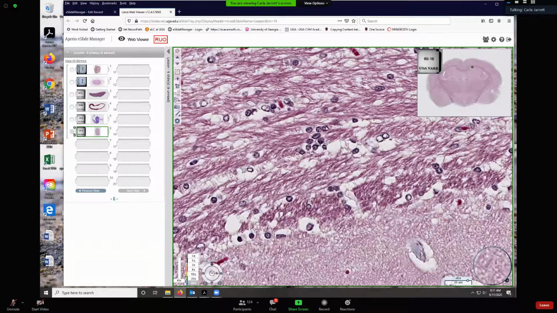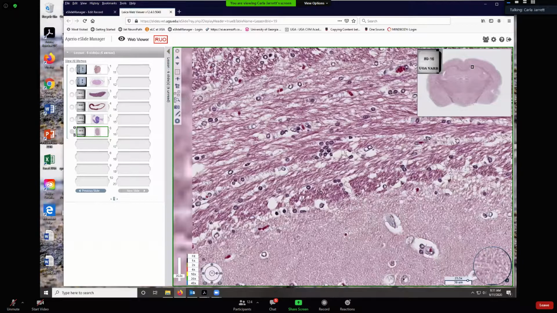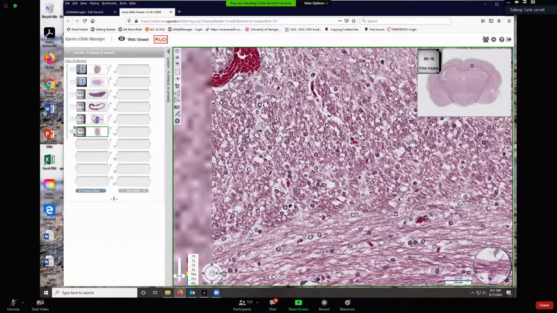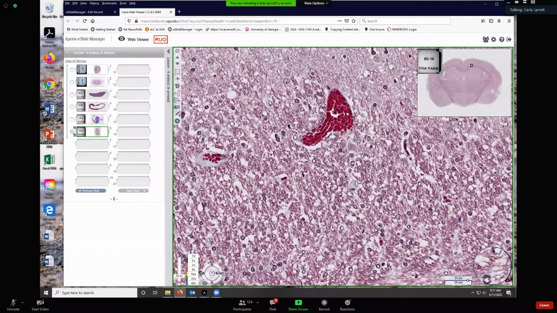But here you can see some well-preserved oligodendrocyte nuclei. And this is white matter. These are axons running left to right, so we see them in longitudinal profile, and then these are axons coming out of the plane of section towards us or away from us. And so they are in transverse profile. Here's a beautiful blood vessel with gorgeous little red blood cells in it that look like little pieces of a pomegranate.